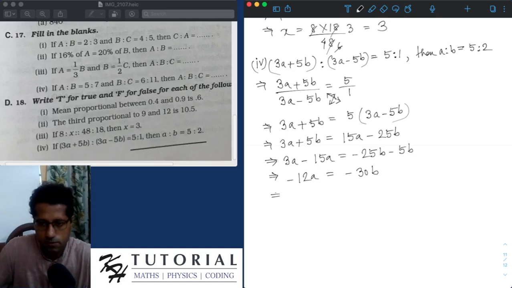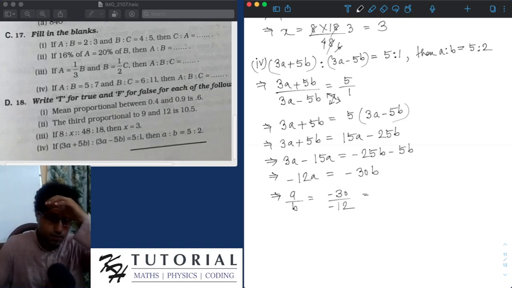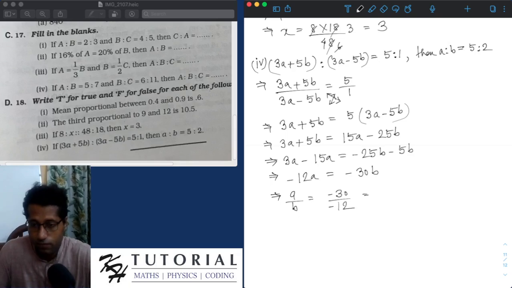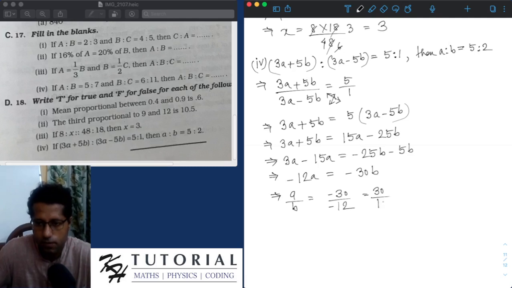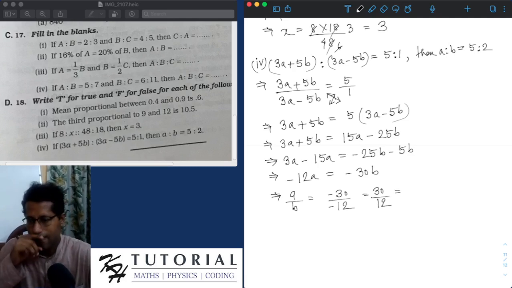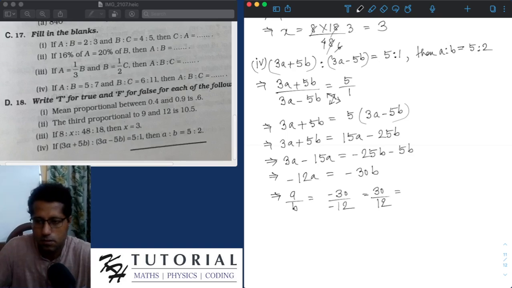So this implies that a by b equals minus 30 by minus 12. If we simplify it further, this is 30 by 12, and 3 fours are 12 and 3 tens are 30.